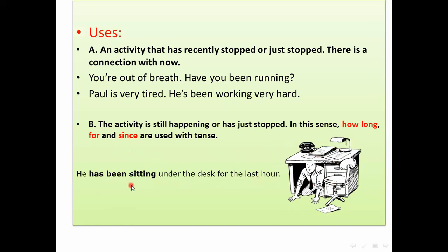So this activity started in the past and is still happening, or has just stopped. Okay, so as I said earlier, we are interested in the activity, the duration of the action, for the last hour.